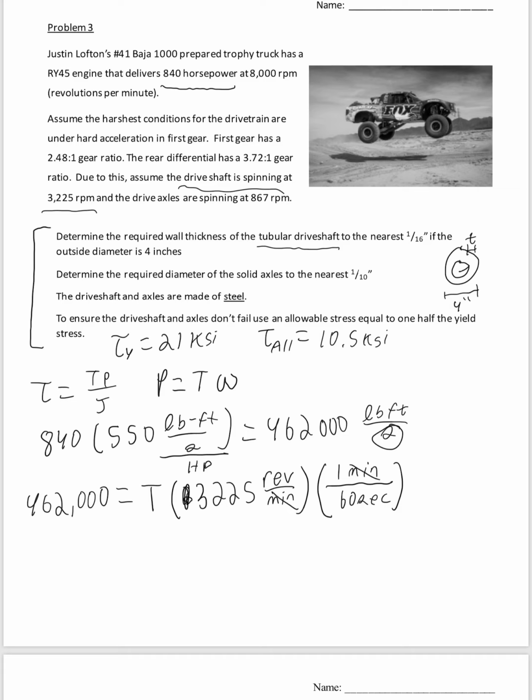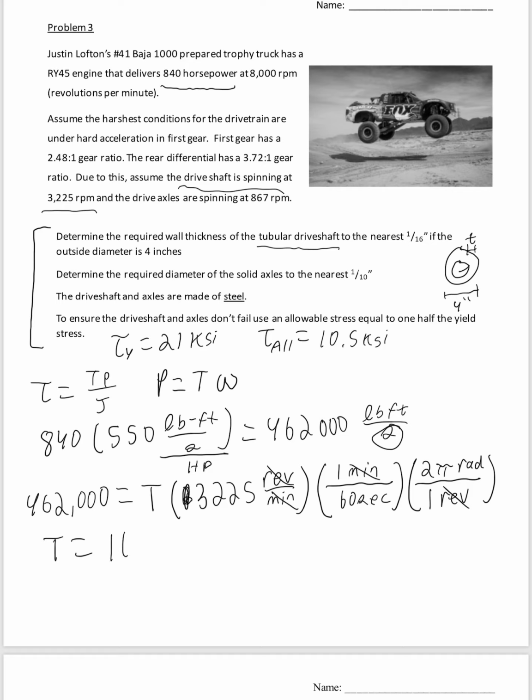And we also can't be in revolutions, we need to be in radians. So in 1 revolution, there's 2 pi radians. Revolutions cancel out, radians just automatically goes away. So really we would get an answer in pound-feet, but we want to convert that to kip-inch.